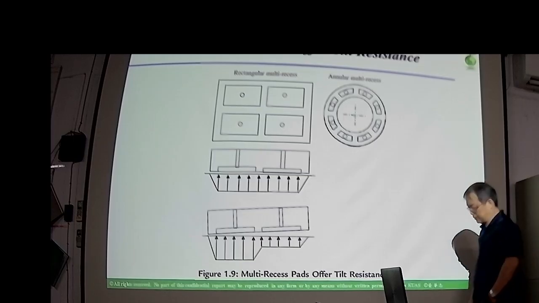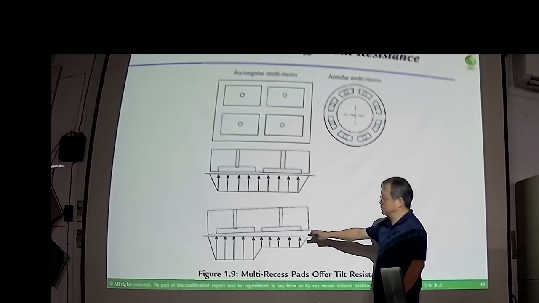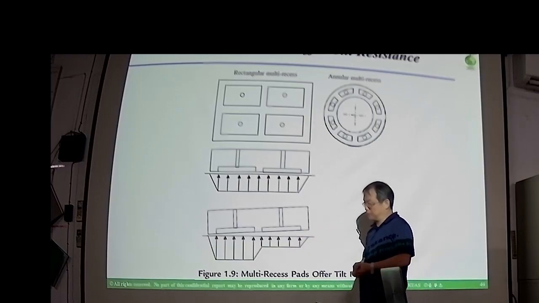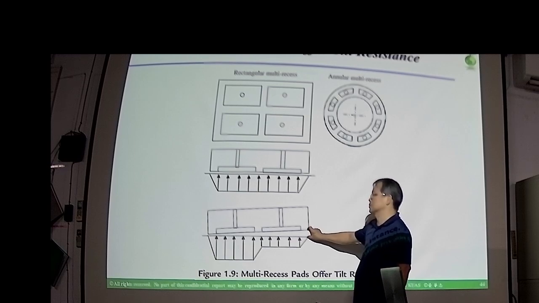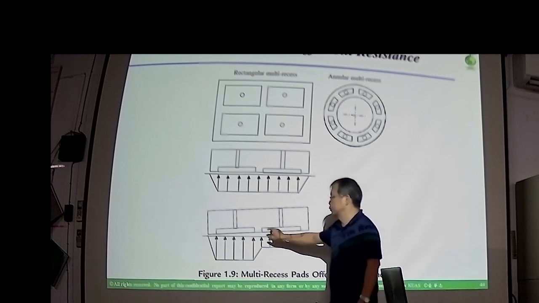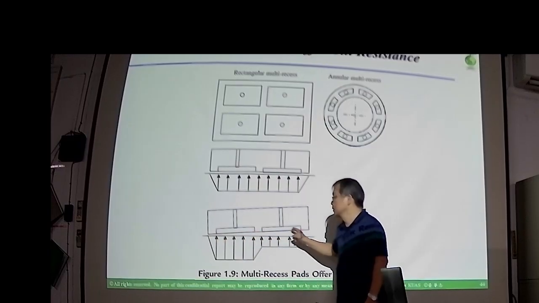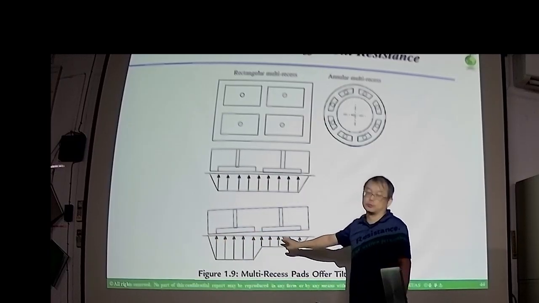So this is the idea to show you when you have a tilt angle. You have a different film thickness between the two sides. So the pressure distribution will be different.